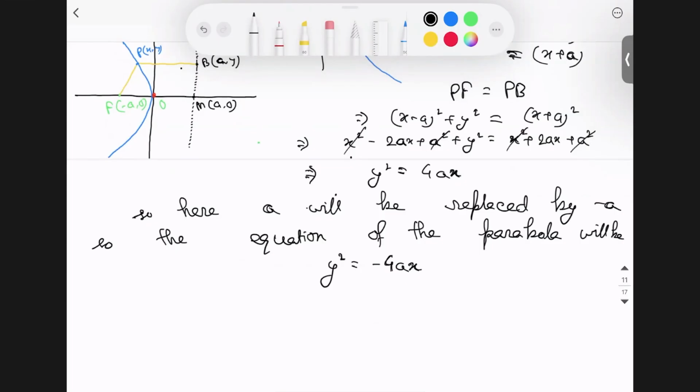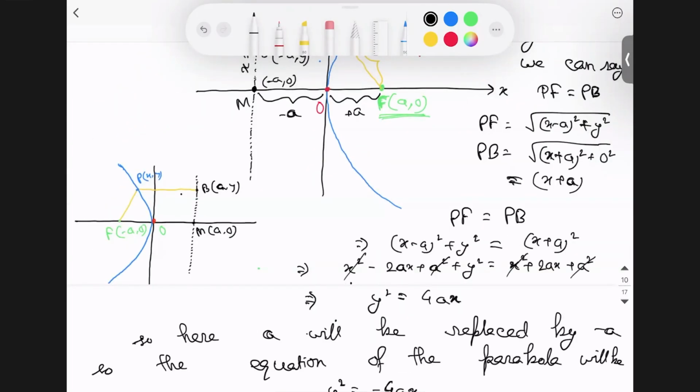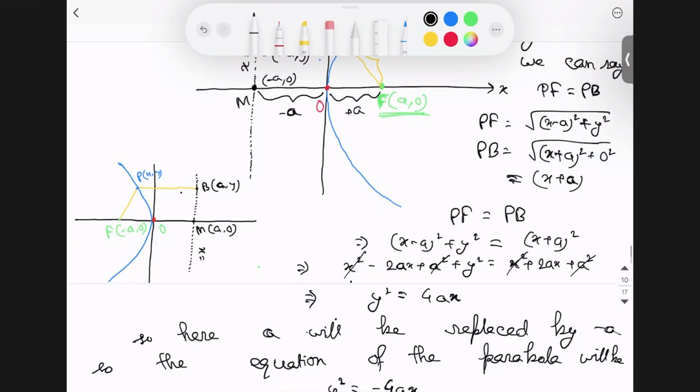But from the interpretation, you can see what we have done in this case: we replaced a by minus a. The focus (a, 0) is replaced by (minus a, 0), and the directrix x equals minus a is replaced by x equals plus a.